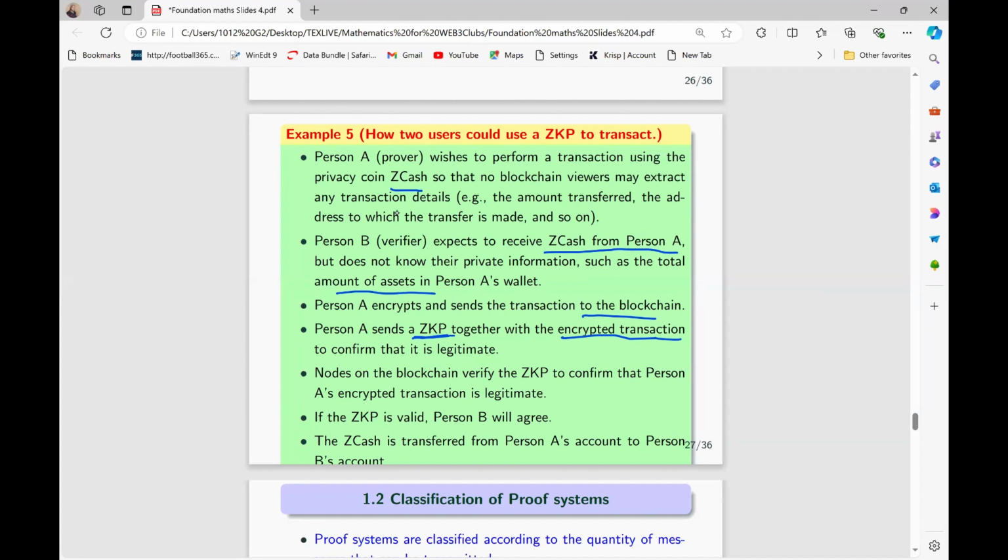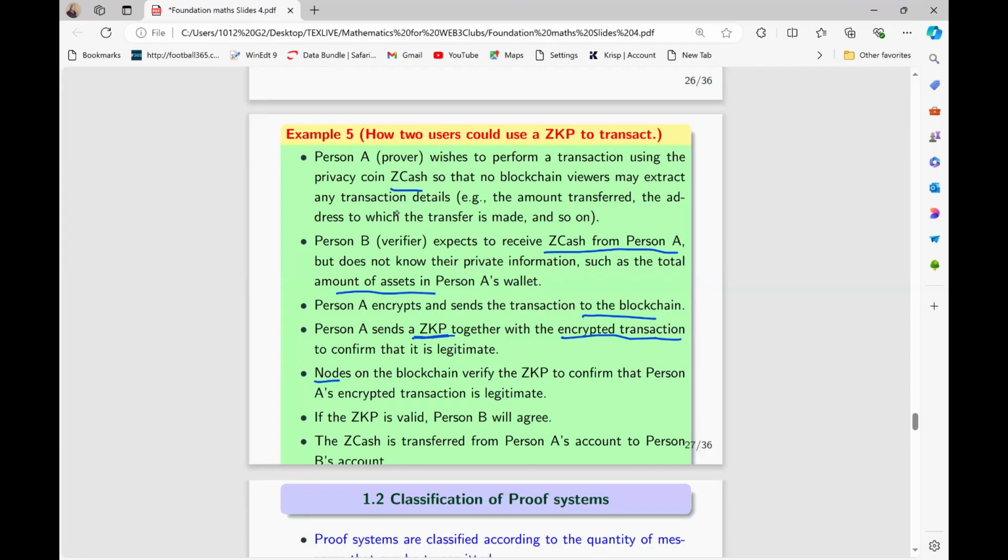Now, we have the nodes on the blockchain. The blockchain has nodes, and the nodes on the blockchain have various functions. Part of the functions is to confirm the legitimacy of the transaction.